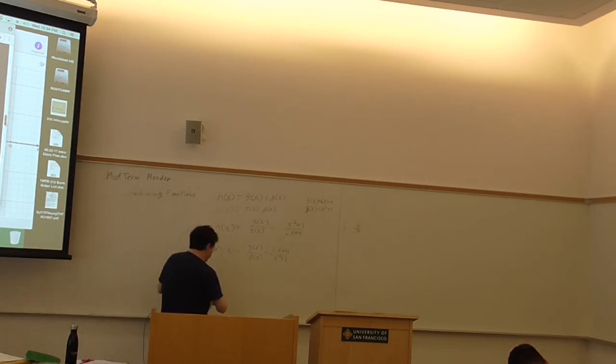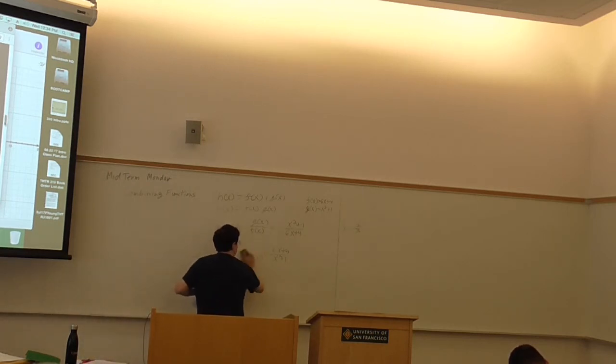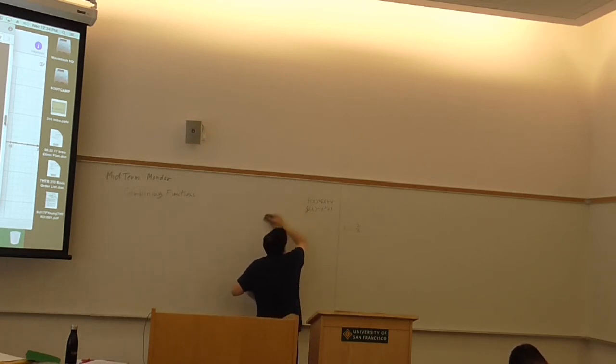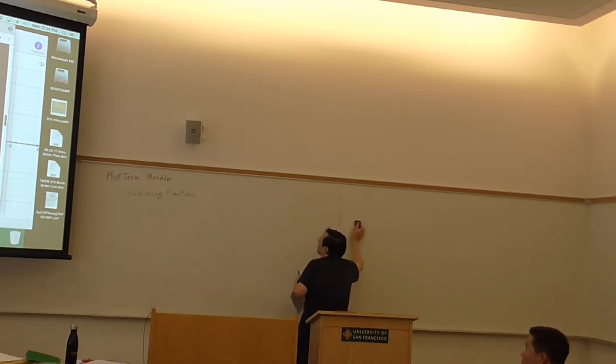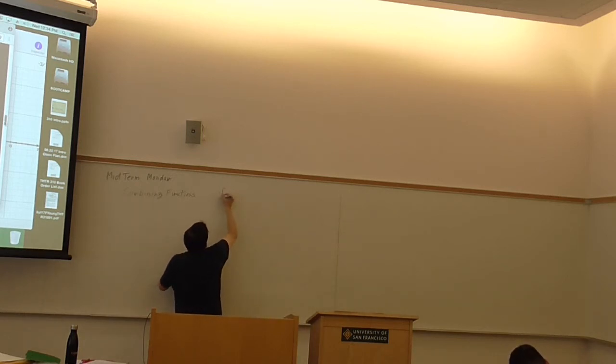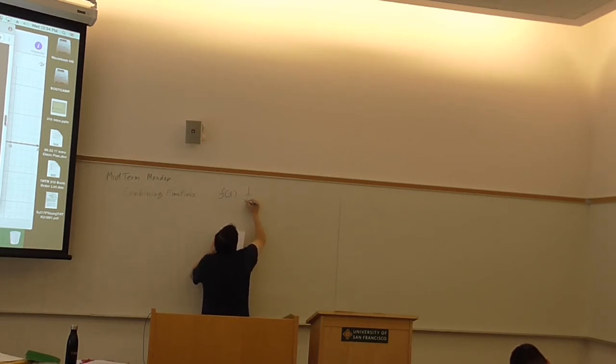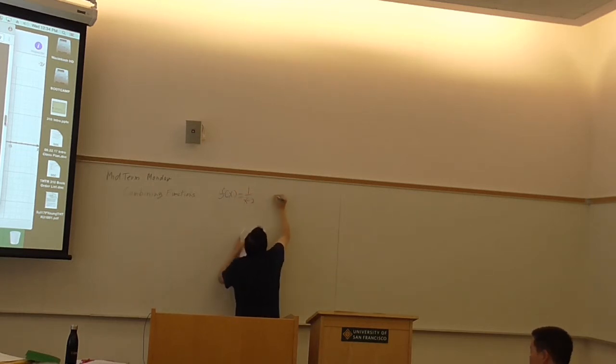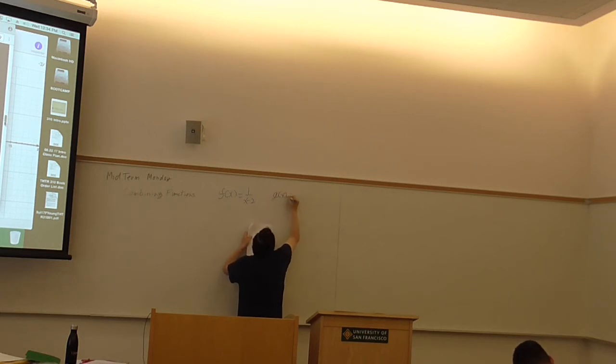All right, what I want to do, I'm going to define two functions and then combine them and see what I get. My first function is 1 over x minus 2. And my second function is the square root of x.